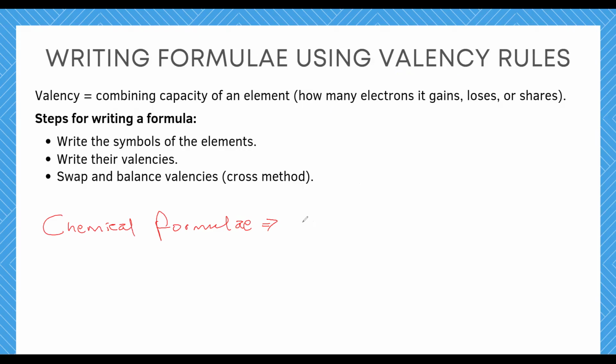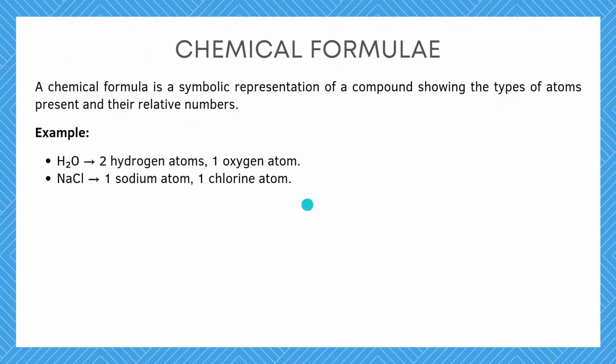Remember, a chemical formula is a symbolic representation. Of what? Oh, I didn't write that final part. Should I write it? Of course, you need to write it down. I thought you wrote it down. That was why I moved ahead. I only wrote the first part. Please write it down. I told you if there's any part you've not written down, call my attention to it so that we'll deal justice to that.